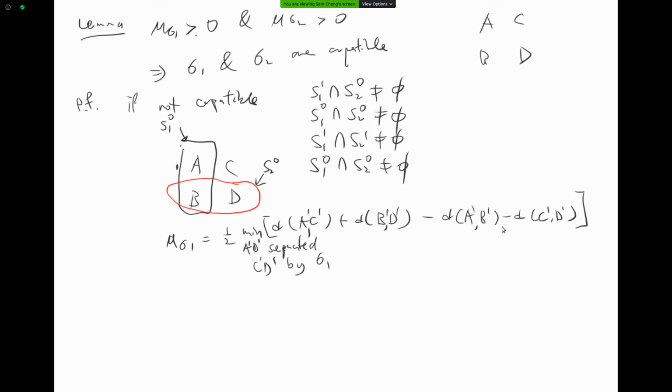So therefore, this will be less than or equal to 1/2 D A C plus D B D minus D A B minus D C D.